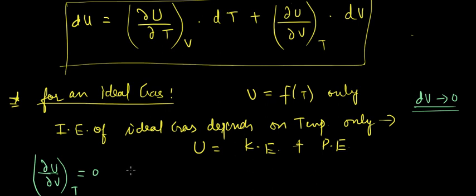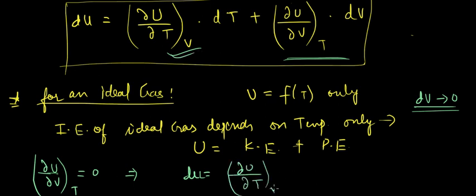Therefore du would be equal to, this term won't be there, so this term would be 0, so we can directly write del u upon del T at constant volume times dT.